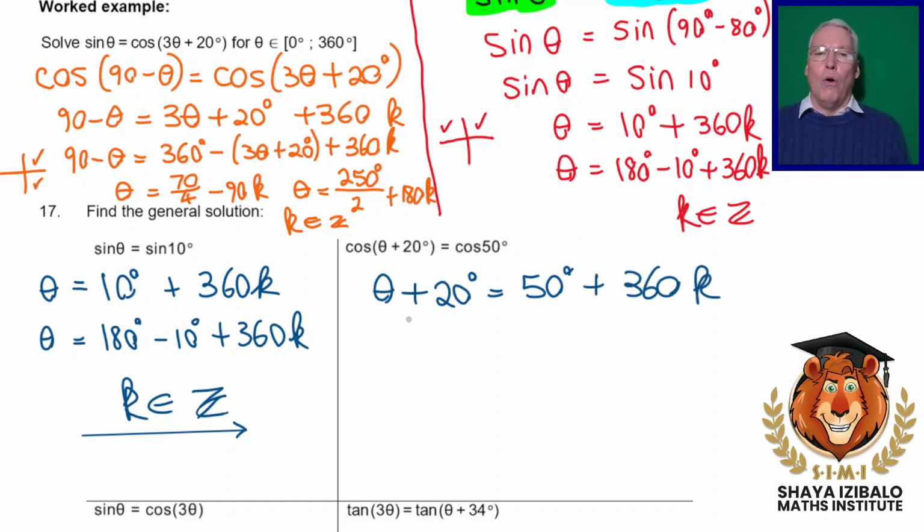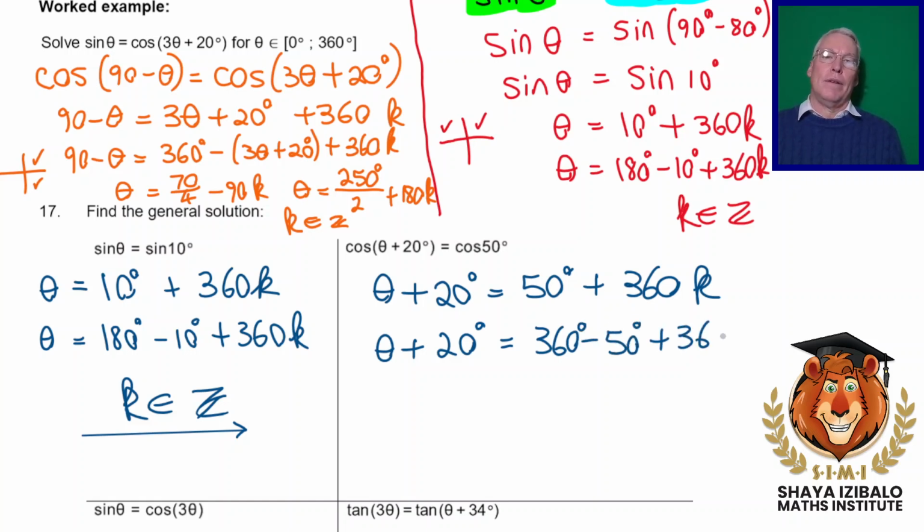Or theta plus 20, now we've got a choice. We can either go minus 50, which gets us into quadrant 4, or we can go 360 minus 50, which also gets us into quadrant 4. Both of these are k an element of Z. Don't forget to write that down.